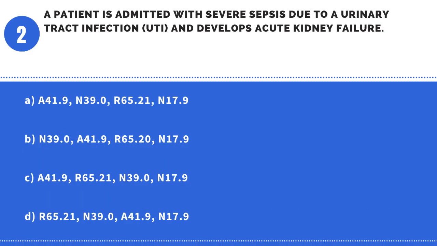Question 2. A patient is admitted with severe sepsis due to a urinary tract infection, UTI, and develops acute kidney failure. A. A41.9 and N39.0 are R65.21 and N17.9.